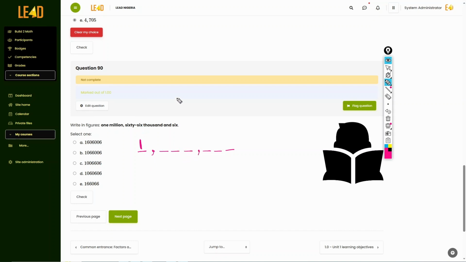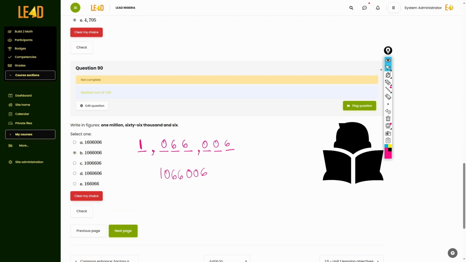So how do I write 66 in 3 spaces? It has to be 066 because there's no 100. And then how do I write 6 in this space here? Just 6 is going to be 006. So we expect to see 1,066,006. That's option B.